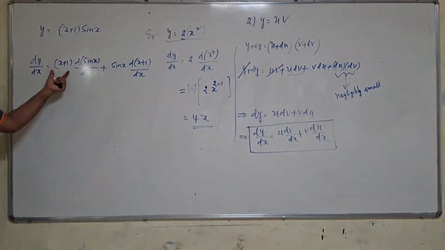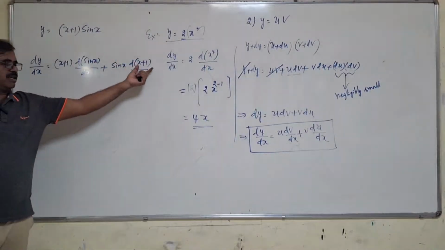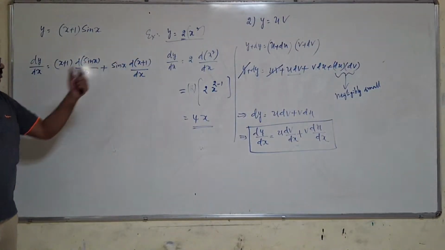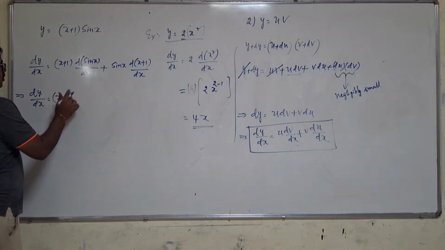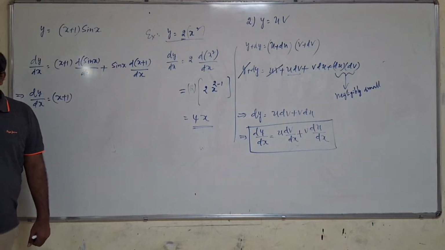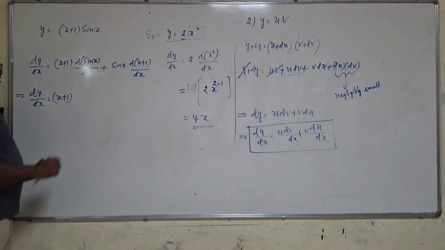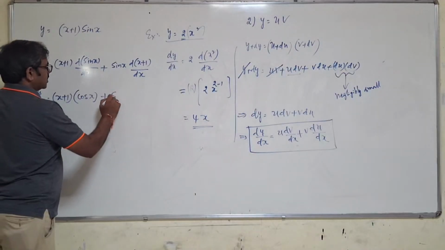Our u is x plus 1. v is sin x. All right. Next, dy by dx equals x plus 1 into, what is d sin x by dx equal to? Look at the formula quickly. cos x. d sin x by dx is equal to cos x.